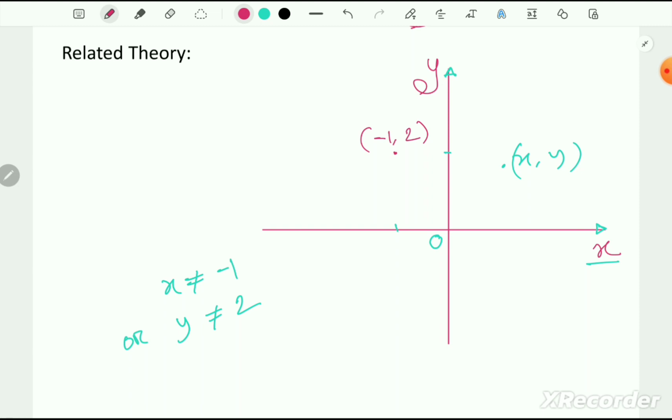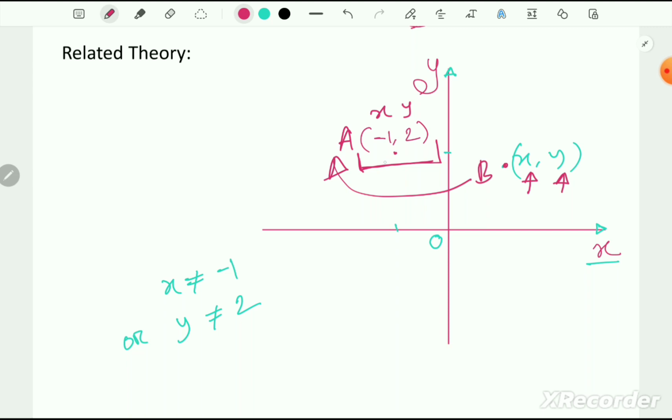Let's say this is the given point (-1, 2). The x value is -1, y is 2, and this is the point (x, y), a random variable point. The location we don't know, but one thing we know is that it is different from the given point A. The point B would be different from A when either x or y changes.